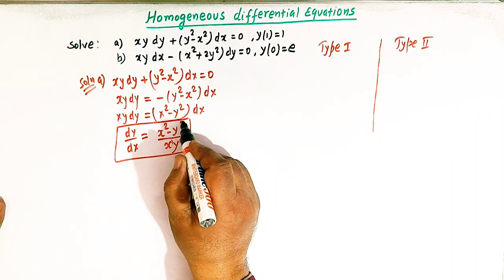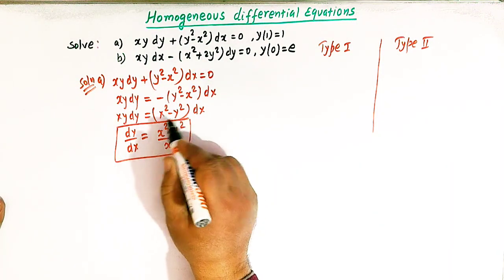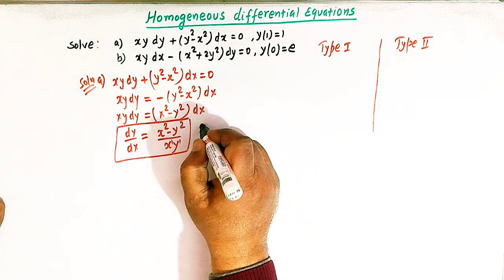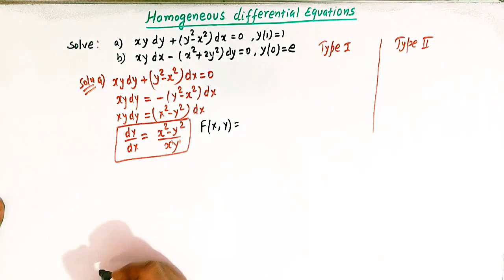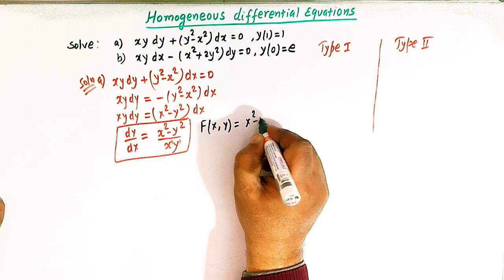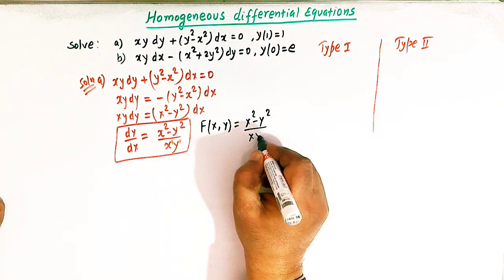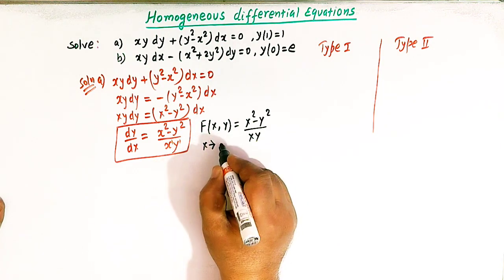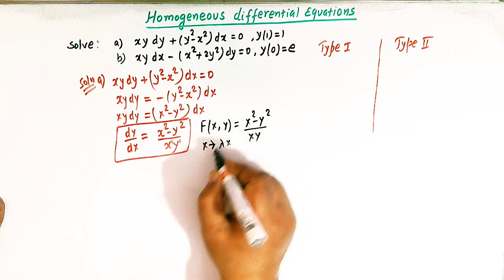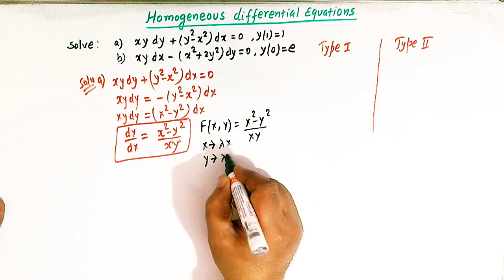So let us take this right hand expression as some function, say f of x, y, right? So this is (x square minus y square) over xy, and let us replace x by lambda x and y by lambda y.